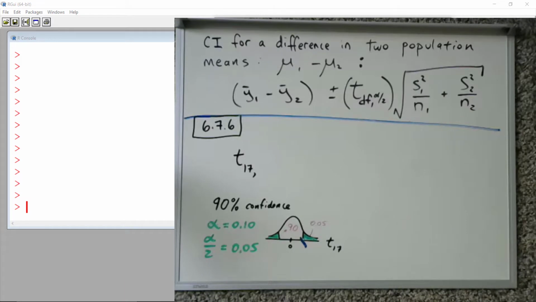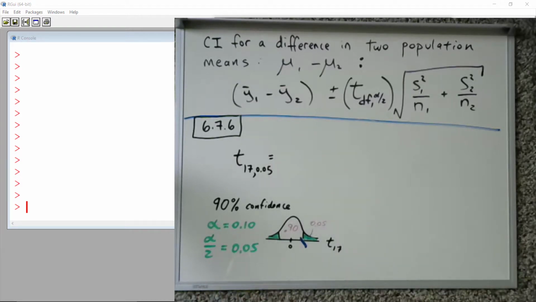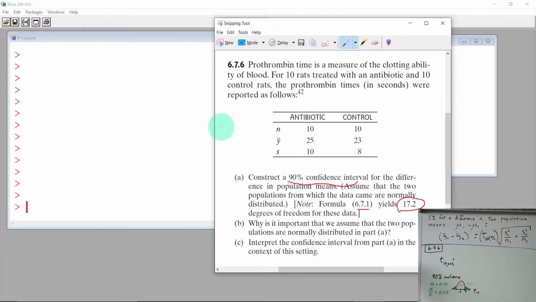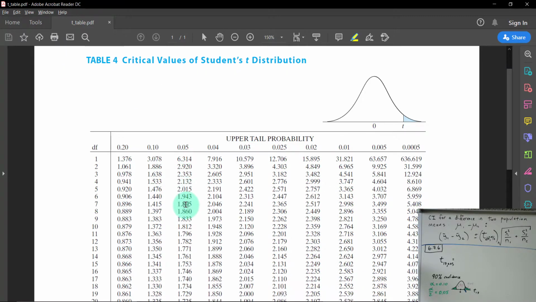In the t-table, therefore, we're going to go to the row that says 17 and the column that says 0.05. Let's go find that number. I'm going to open up my t-table. That upper tail probability, 0.05, and I'm going to cruise down to 17 degrees of freedom.